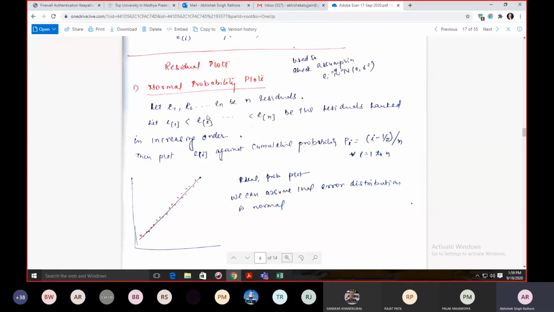Now we would like to plot the cumulative probability of our residuals. The cumulative probability is just pi equals (i minus 1/2) upon n. So this is our cumulative probability distribution for your normal probability plot.